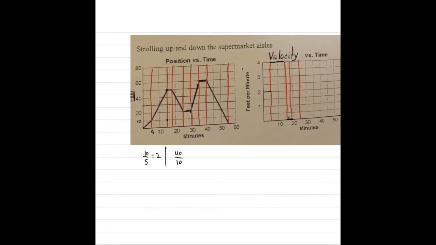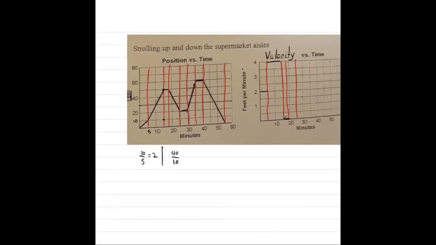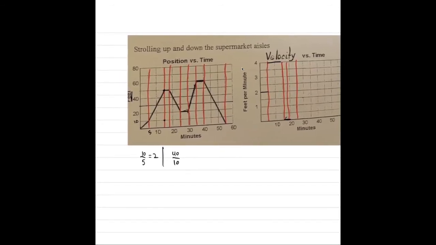So we noticed right away it's a negative change in position. That will give us negative 30 for the rise. And the run for this block was, I'm gonna say from 18 right here till 25. And that should be 7 minutes.